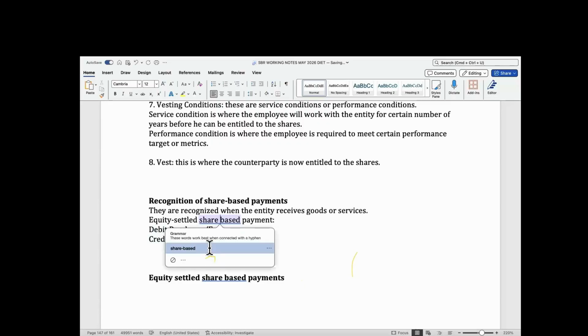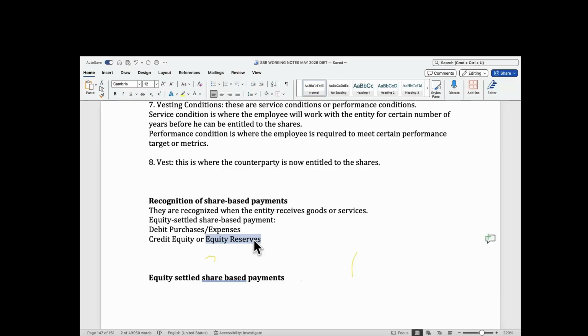So you will see the examiner giving you share options, where what the counterparty holds is share options. In that case, we cannot credit equity. What we would credit is equity reserve because it is not equity yet. If a company issues share options, you cannot credit equity because you have not issued shares.